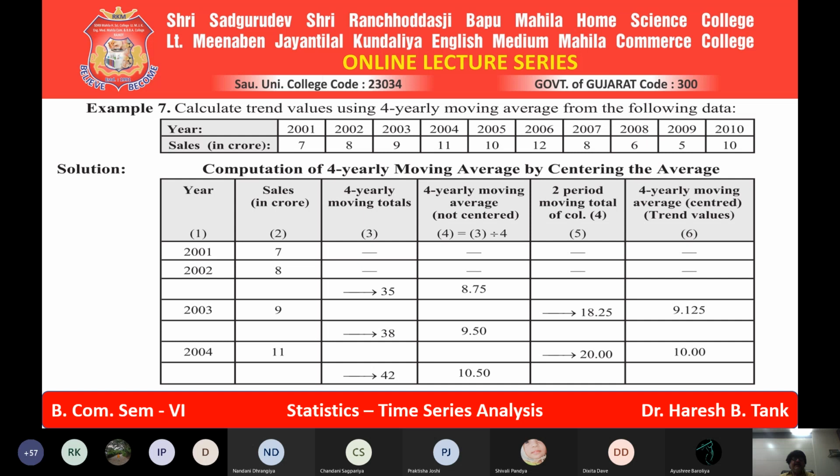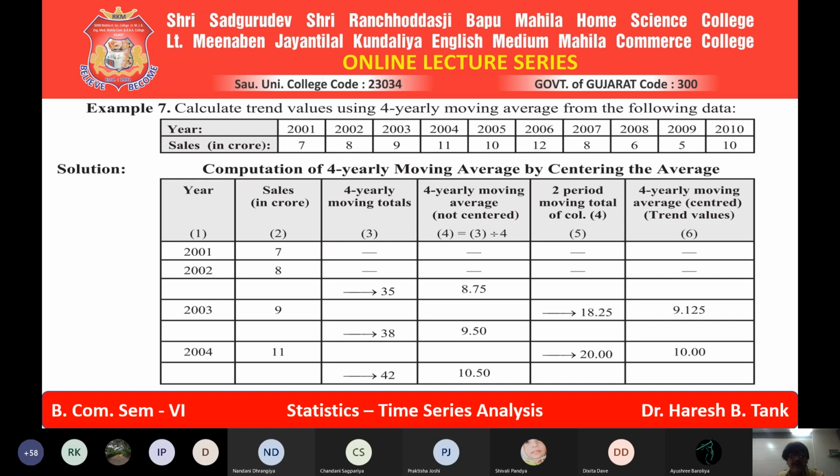Since it is a 4 yearly moving total, naturally you have to make a bunch of 4 and you have to write it exactly in between the years. So if you make a bunch of the first 4, that means 7 plus 8 plus 9 plus 11, that gives you 35. 35 is to be written exactly in between 2001 to 2004. That means it is in between 2002 and 2003.